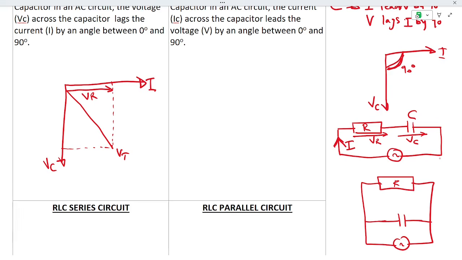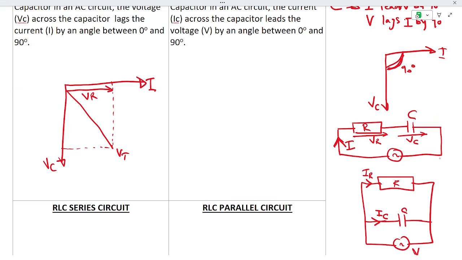What do we know about a parallel circuit? We know that in a parallel circuit the voltage remains the same, and each component has a different current flowing into it. The capacitor is going to have IC flowing into it, and the resistor is going to have IR flowing into it. So it makes it easier.